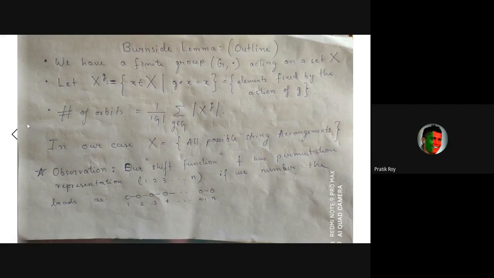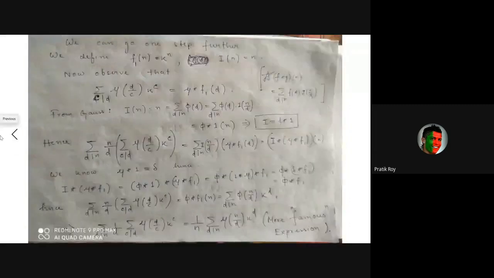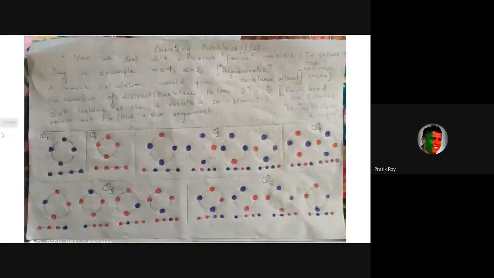And I see that if we have defined this action, and I have taken the set X as the set of all string arrangements of our necklace, we see that in this picture what we had written as O1, O2, O3, O4, O5 and O6 are nothing but the orbits of the arrangements under the action of the right shift operation, the function f.